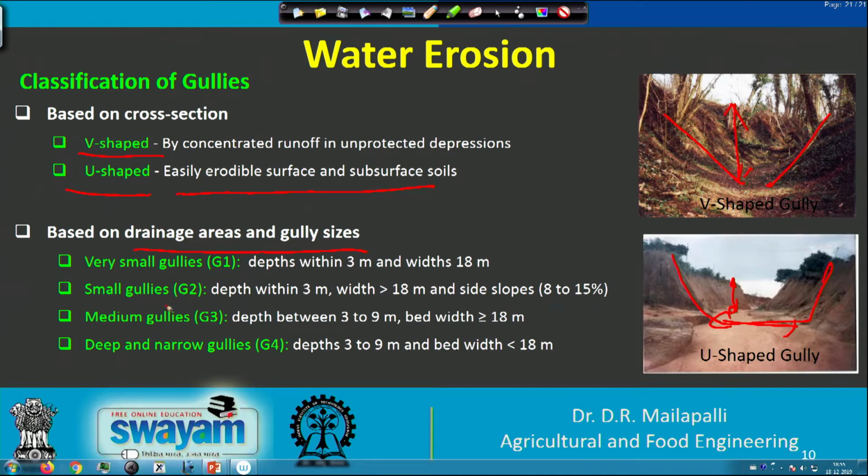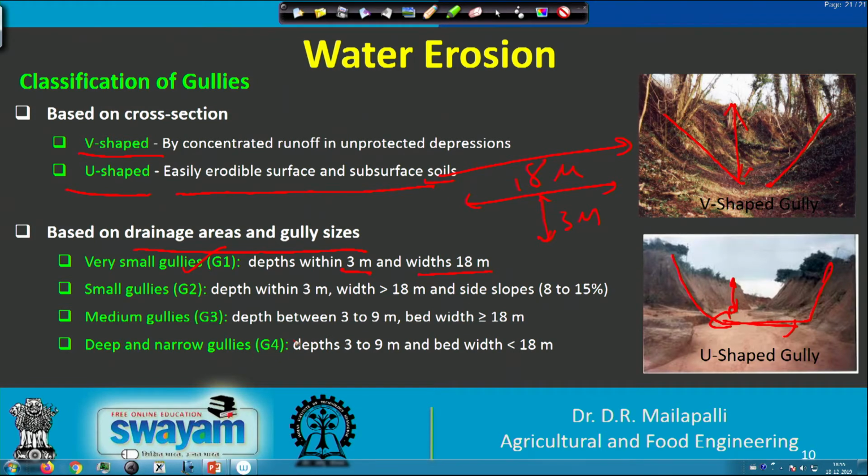and gully size. Very small gullies have a depth within 3 meter and width up to 18 meter. So, it is like 18 meter width and 3 meter depth. This is very small gullies, whereas for small gullies the depth is the same, but the width can go more than 18 meter.